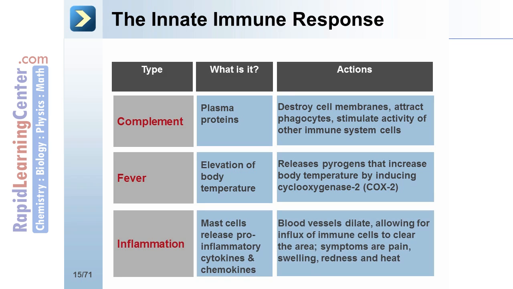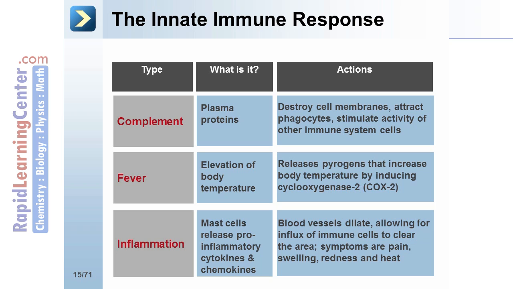And finally, inflammation. When tissues become injured, the typical response is inflammation, a series of responses that is initiated by mast cells embedded in connective tissue that release a number of pro-inflammatory cytokines and chemokines, including histamine and leukotrienes.